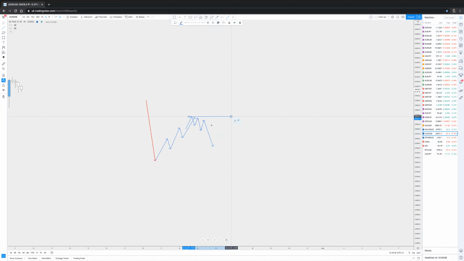Okay, so you'll have the resistance being respected, a low being broken, rejection of the highs. Once you get your bearish engulfing or whatever the case may be, you will then look to enter at that point. Once the market breaks below that, you can look to enter the market.